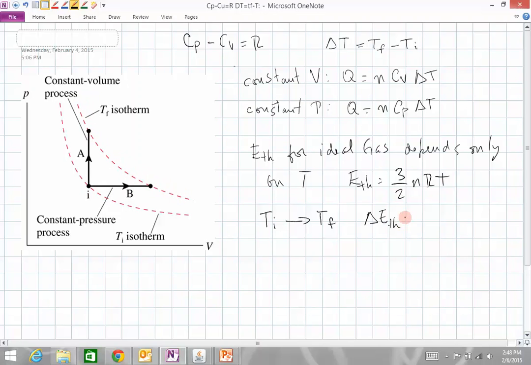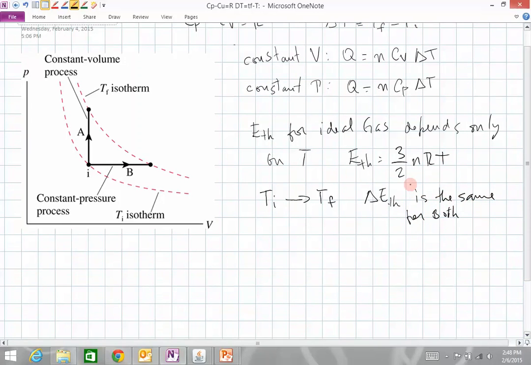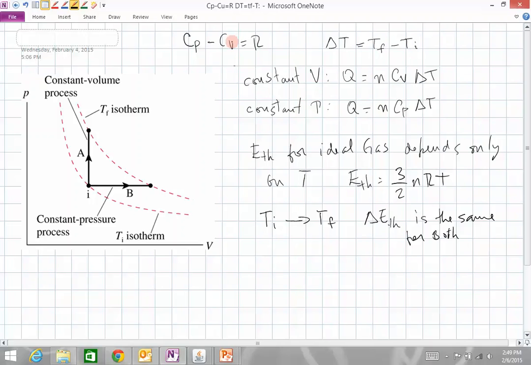So therefore, delta E thermal is the same for both processes.